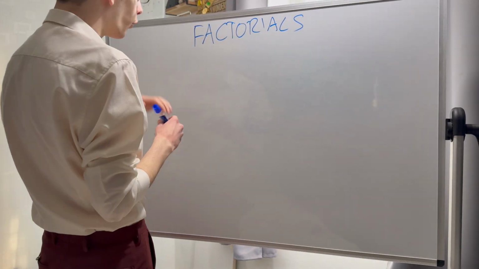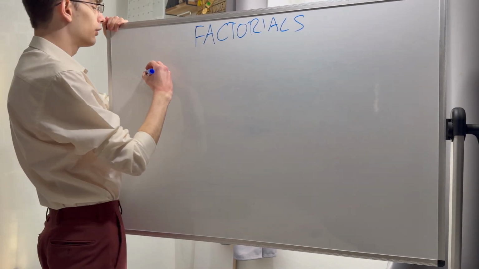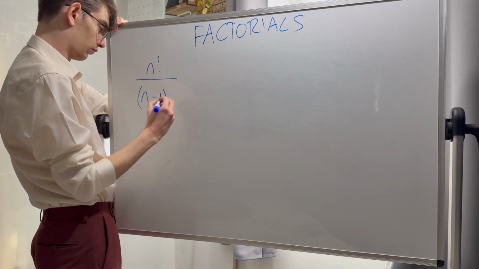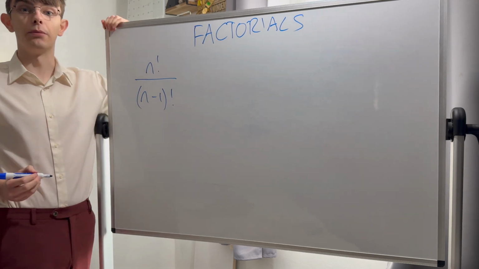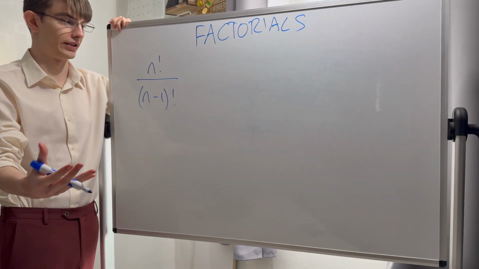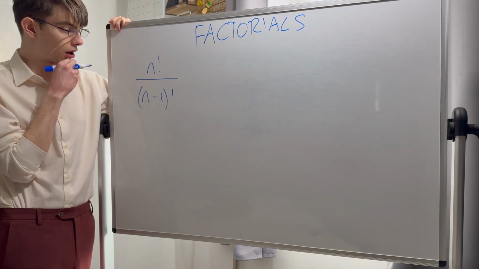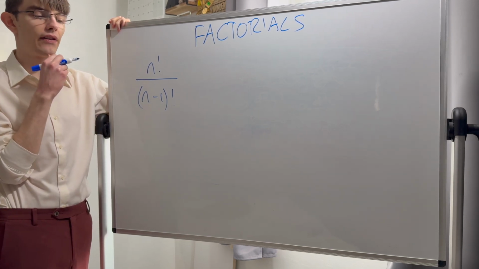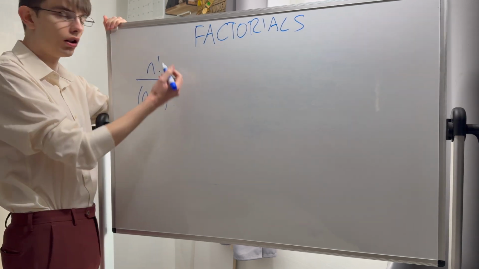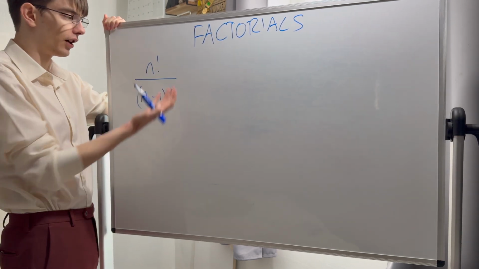So, for example, this is a very common statement to see in algebra, especially when we're doing binomial expansions and combinations. Now, a lot of people look at this, and there's a couple of ways they think about it. They either get really confused, like, how can I simplify a factorial?